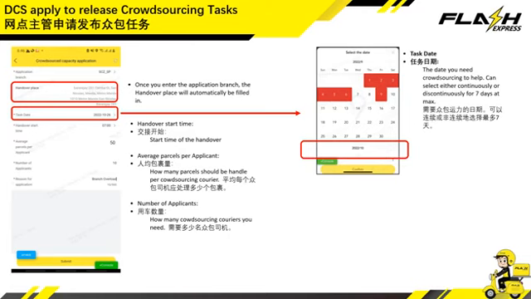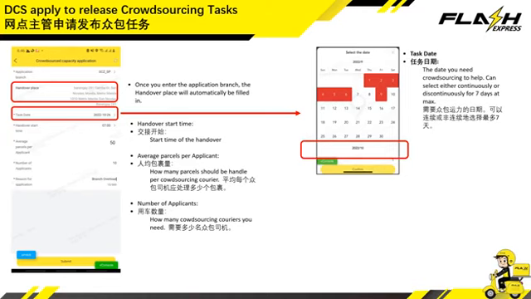The DC supervisor can select 7 consecutive days or less than 7 days. For the handover start time, it is the decision of the DC supervisor what time the shift of the crowdsourcing courier should start.